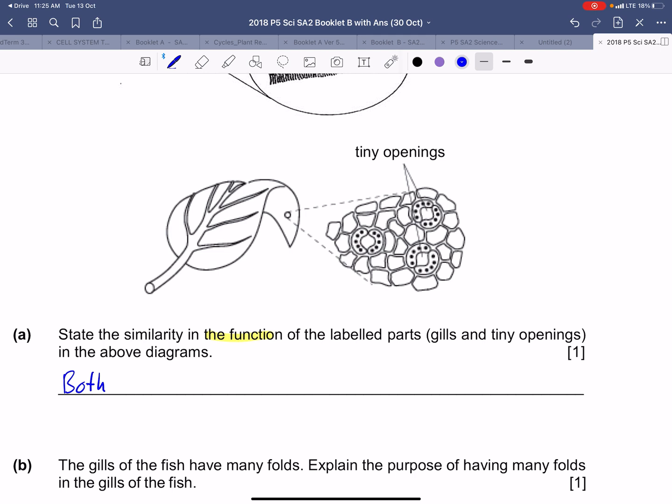I will talk about that in a little while. Give me a second. So the primary function of both, the gills and tiny openings, please follow exactly, is to allow gaseous exchange to happen.